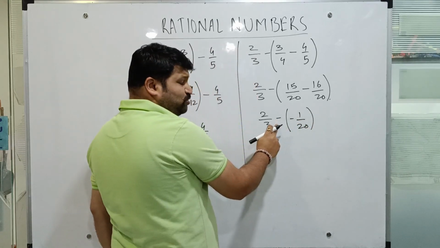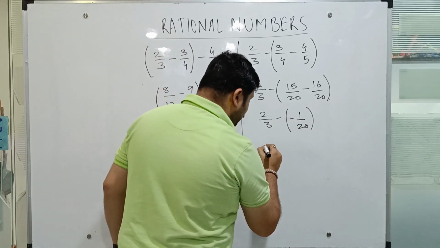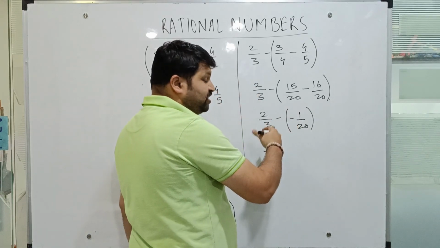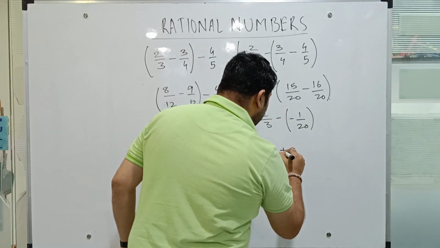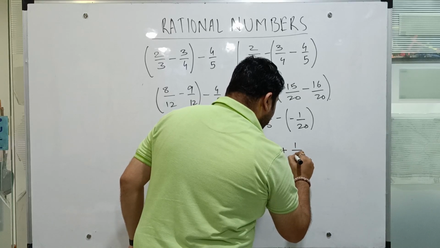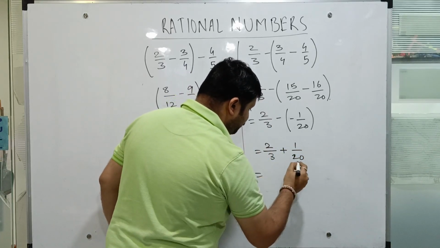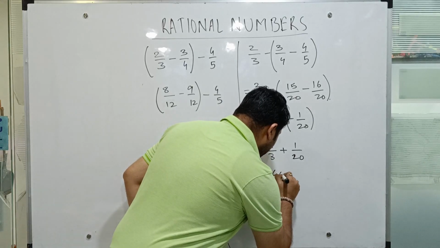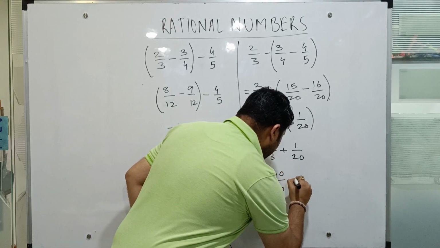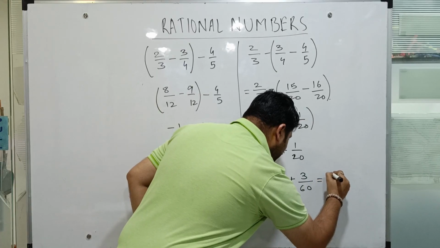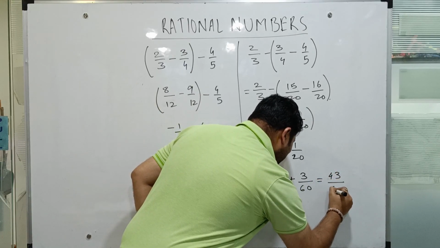Now there is a minus sign outside the bracket, minus sign inside the bracket, so I will have to do the addition. The signs would change, so it would be 2 upon 3 plus 1 upon 20, giving me 40 upon 60 plus 3 upon 60, giving the final answer as 43 upon 60.